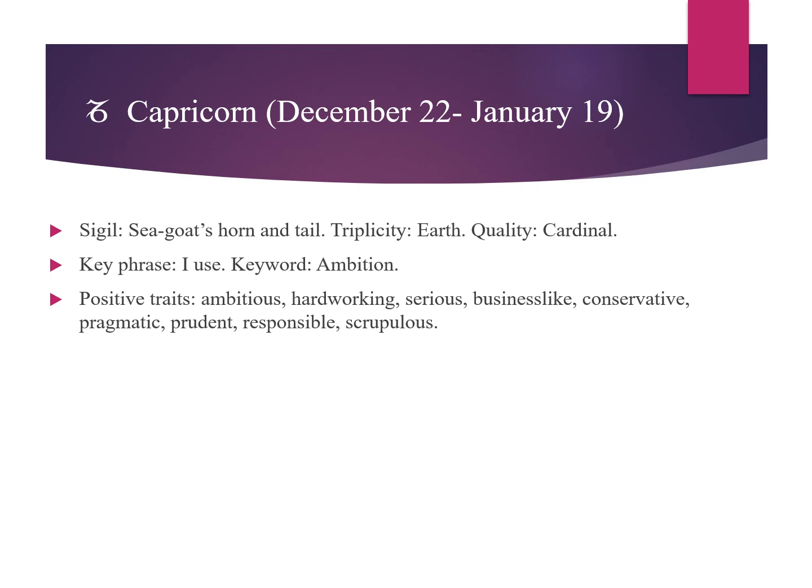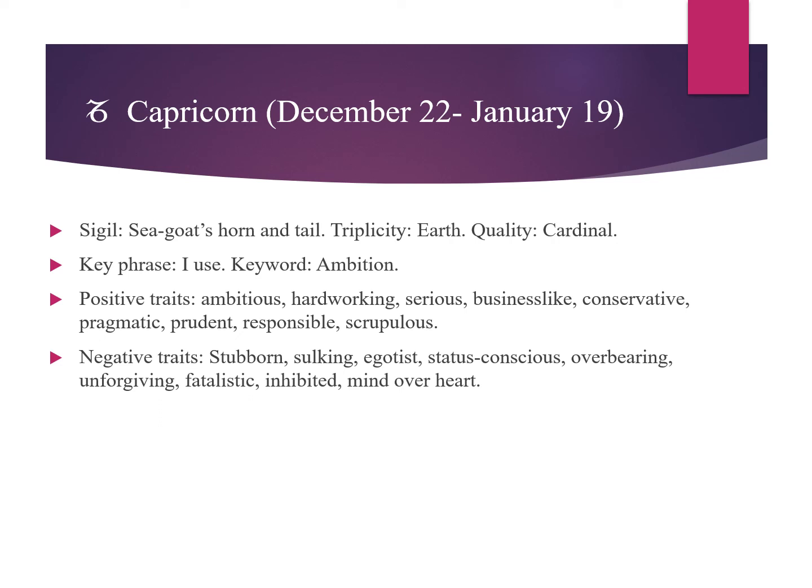Positive traits for Capricorn can include ambitiousness, hardworking, seriousness, being businesslike, conservative, pragmatic, prudent, responsible, and scrupulous. Its negative traits can be stubborn, sulking, an egotist, status conscious, overbearing, unforgiving, fatalistic, inhibited, and placing the mind over the heart.